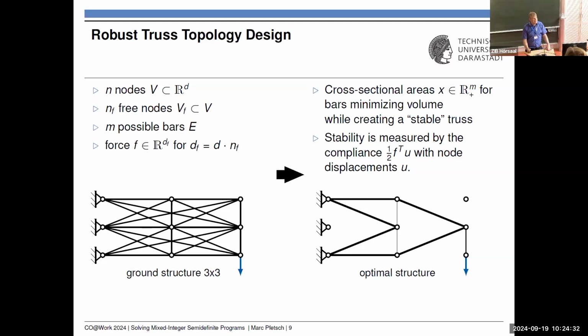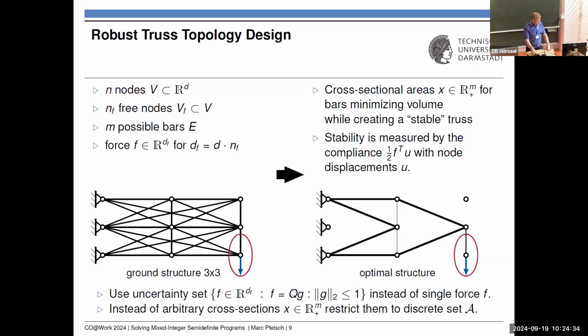And now we are making it more complicated. Namely, we add uncertainty. Okay, so such trusses usually should not withstand only one force, but if possible, all forces that are imaginable in practice. So if you look at certain bridges in Dresden, then they should withstand all forces, okay?